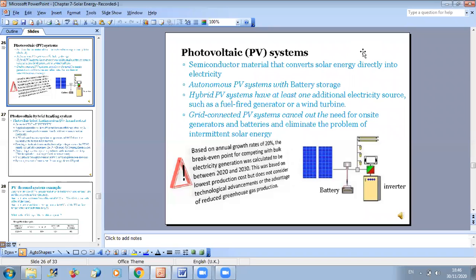This was based on lowest production cost, but does not consider technological advancement or the advantage of reduced greenhouse gas production. So with time, we are increasing the efficiency of PV a lot, such that it will become a very important source that can replace the fuel energy systems.